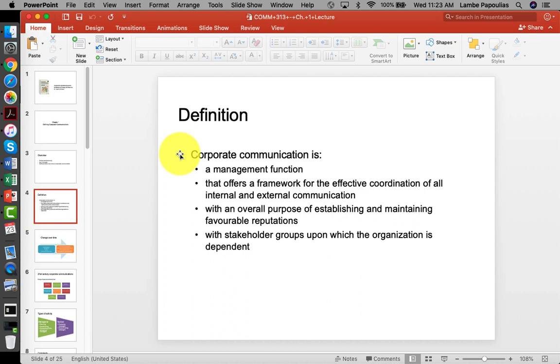So corporate communication is a management function. This is where the management comes in and they communicate with stakeholders within the organization. It offers a framework for the effective coordination of all internal and external communication. So we have internal stakeholders and external stakeholders.